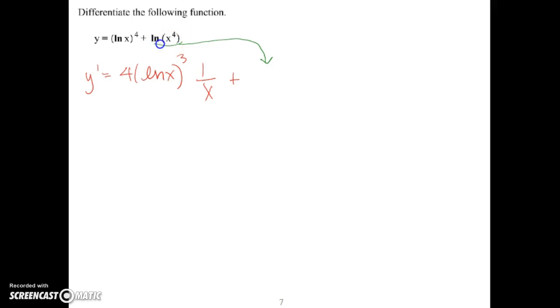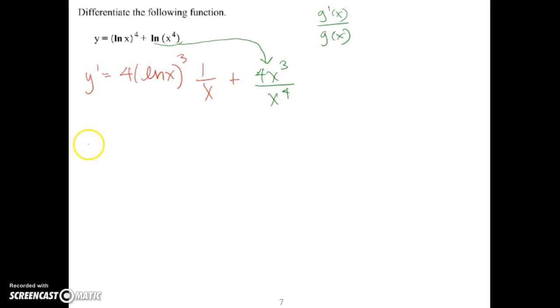So in this case, we're going to again do g prime of x divided by g of x. So g prime of x is going to be 4x cubed, divided by g of x, which is x to the 4th.